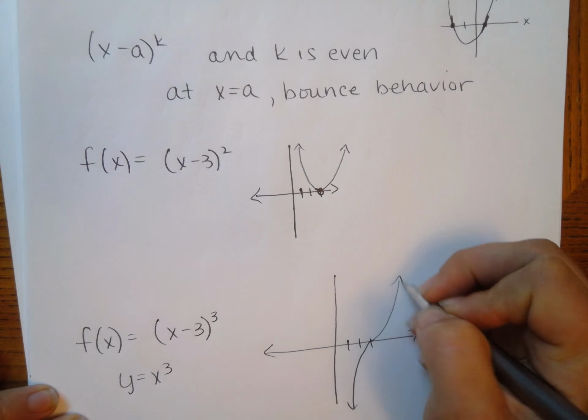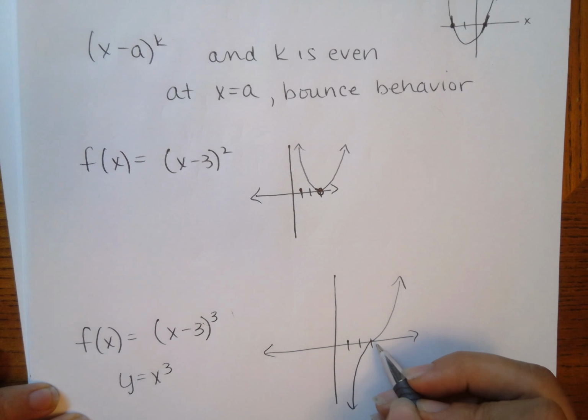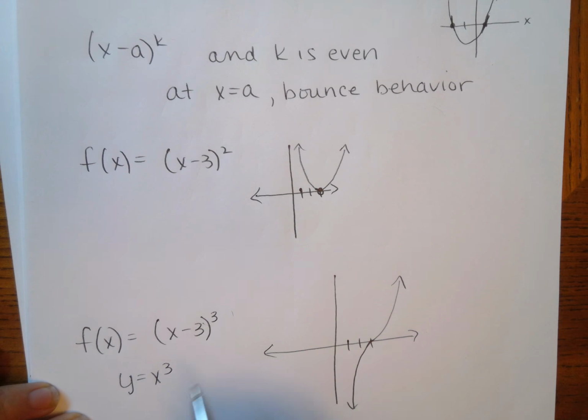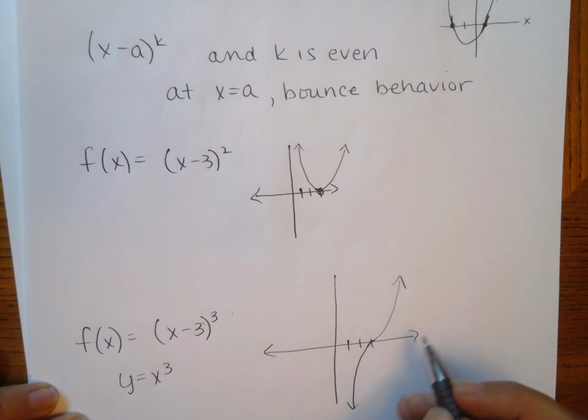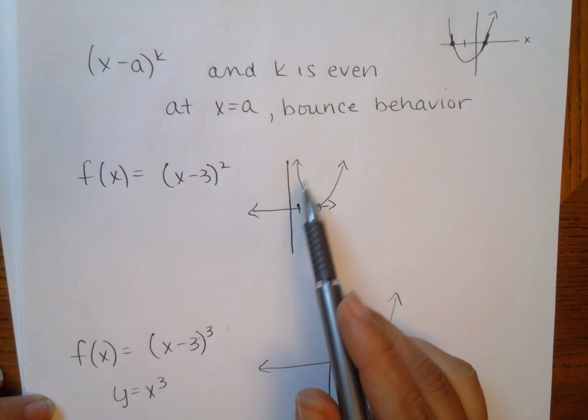This time I have a repeated zero with a 3, and that's an indication that I get a cross. So when my repeated zeros show up and they're odd, I'm going to cross over the x-axis. When they're even, we get this bouncing behavior.